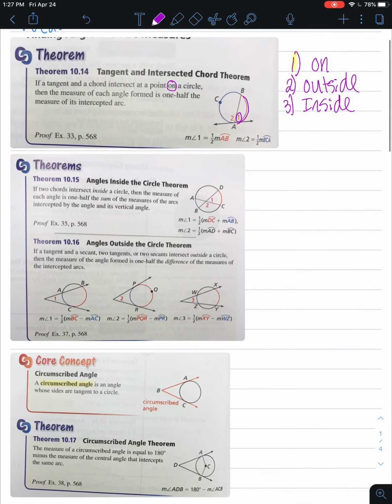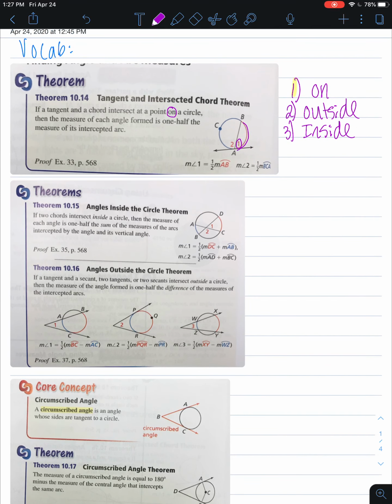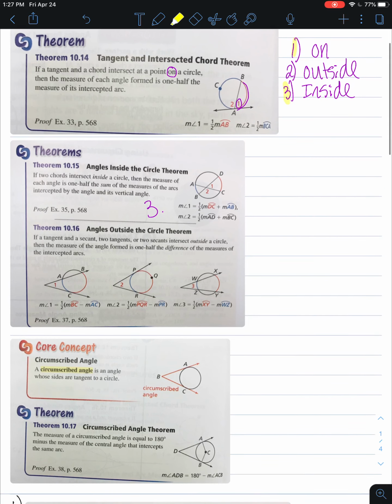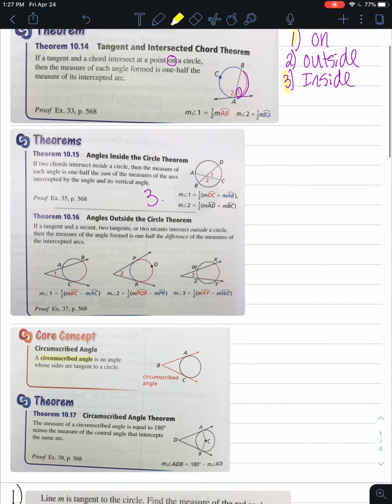That was example 1. This next one is if it's inside. I got my order a little bit messed up; this would technically be number 3 on ours. If two chords intersect inside a circle, then the measure of each angle is 1/2 the sum of the measures of the arcs intercepted by the angle and its vertical angle.